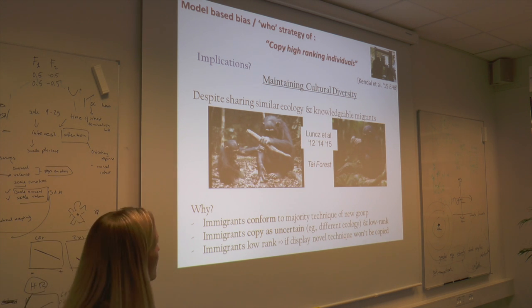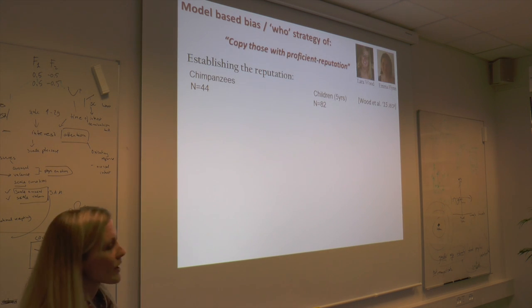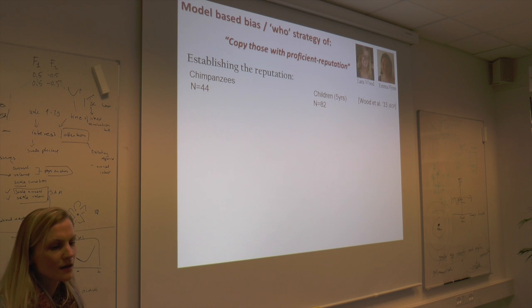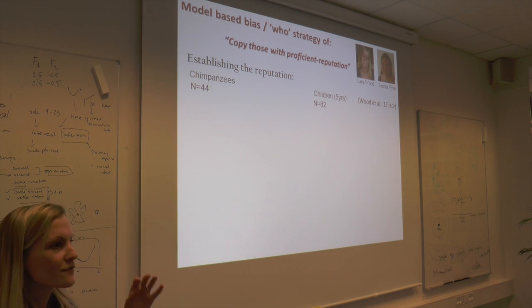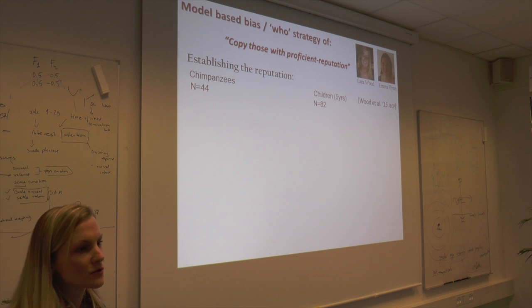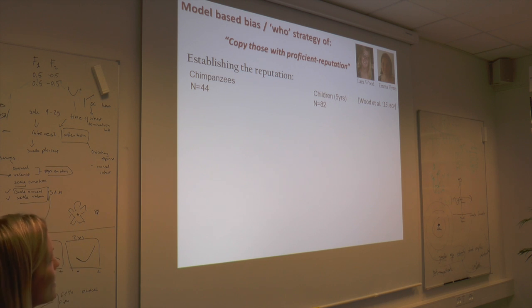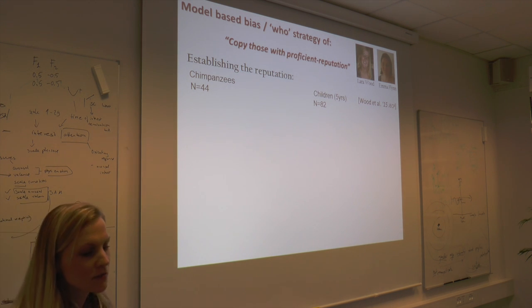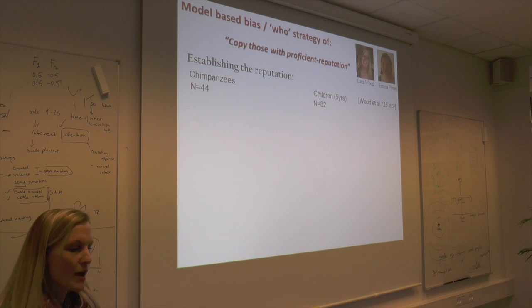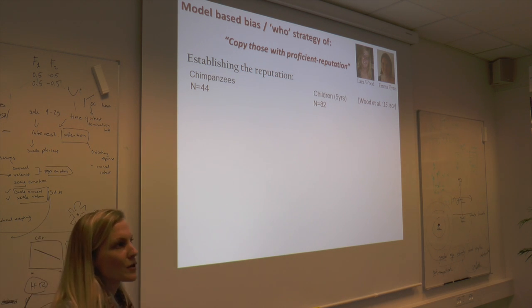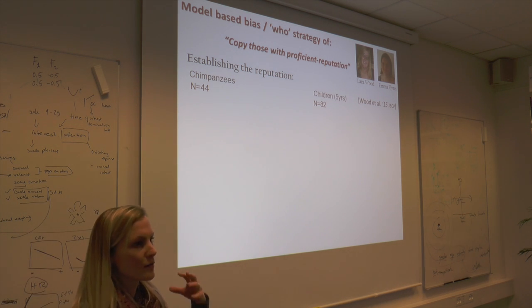So with Lara, our PhD student, we wanted to try a stronger study design where we would have different individuals, different types of models, displaying different types of information, so then we can track the behaviour of observers much better. And so we're looking at perhaps a more accurate transmission bias of, are you able to copy those who you know have a reputation for being proficient or good at specific tasks?